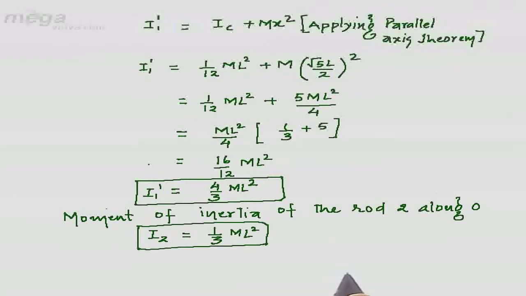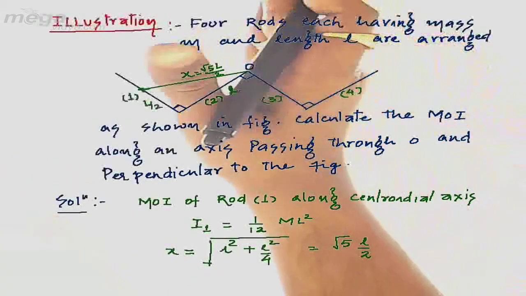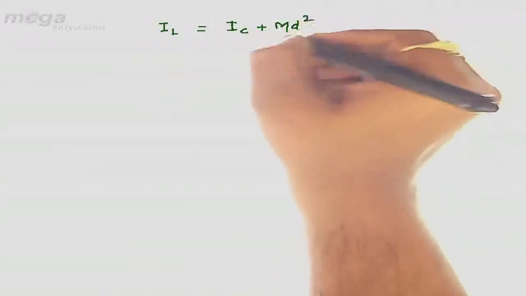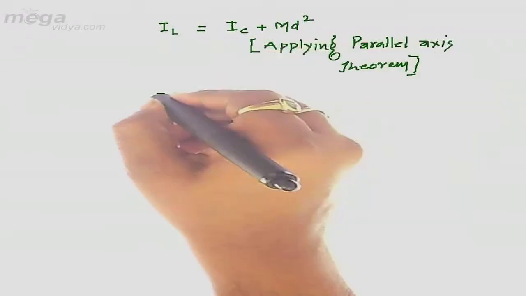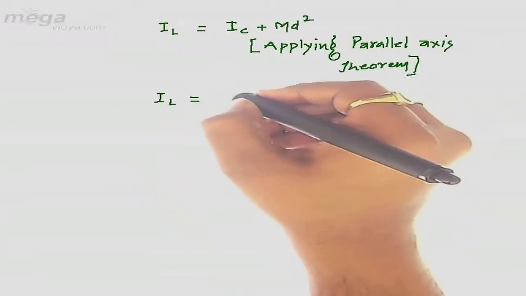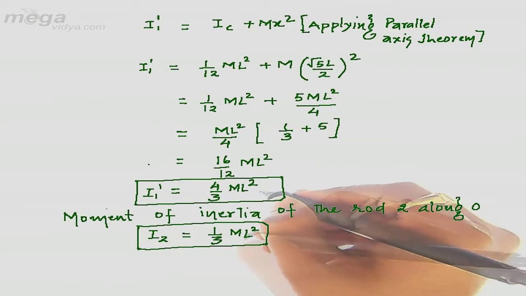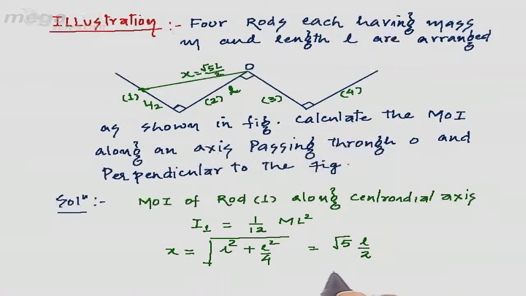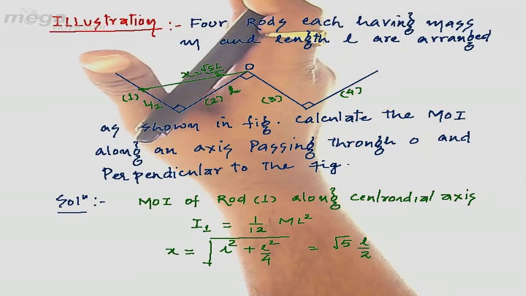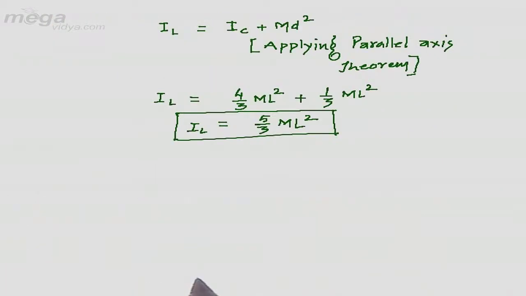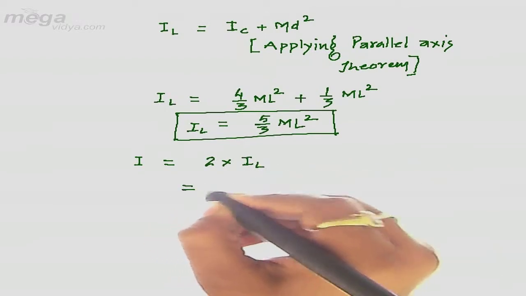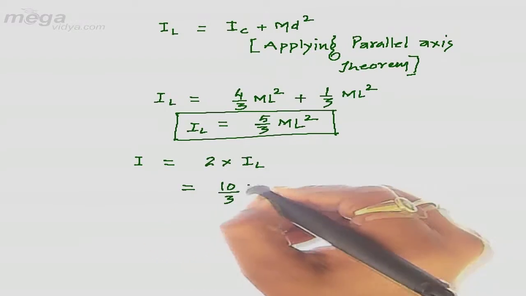Thus the moment of inertia along one side of O, or the left side of O, can be written by applying the parallel axis theorem. So I left will be equal to 4 upon 3 m L square plus 1 upon 3 m L square, the sum of both. Since this given figure is symmetric across O, the net moment of inertia can be written as equal to 10 upon 3 m L square.